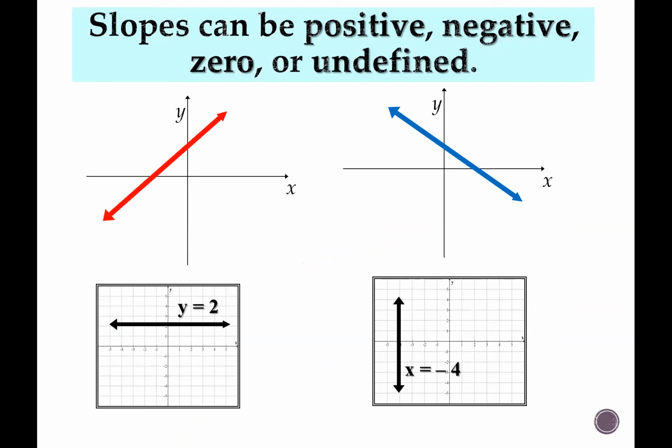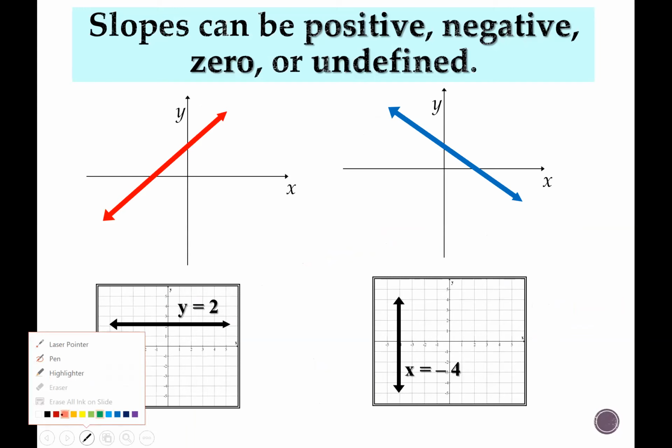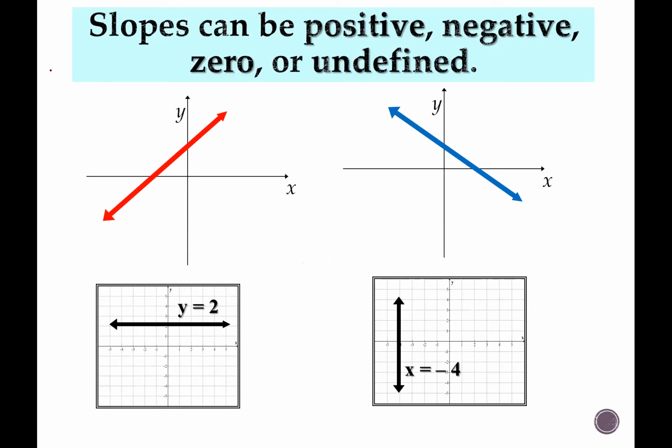So we kind of just went over a couple of these, but let's just make sure we have the complete picture. So again, reading your line from left to right, this red line, the one that's going up from left to right, this has a positive slope. Sometimes I draw a little stick figure on the bottom and ask which way is he going?